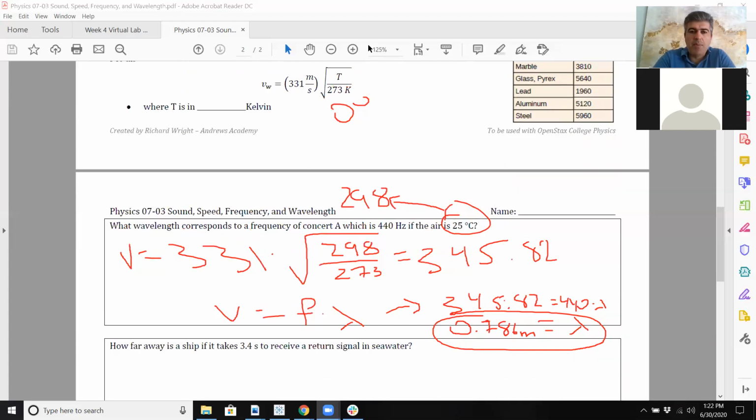So you want to use a table for that. You could use that, but because it's dealing with velocity, we're just going to do this.